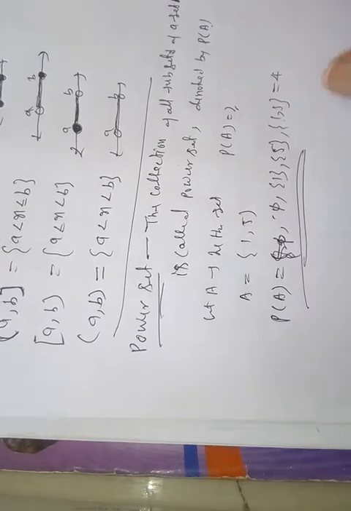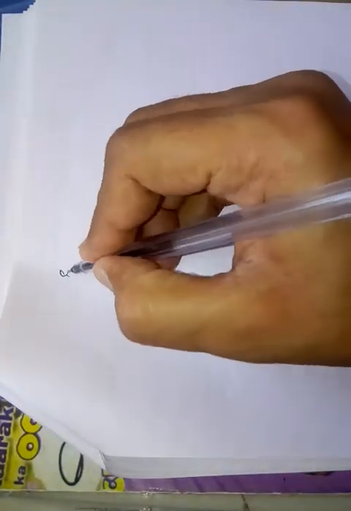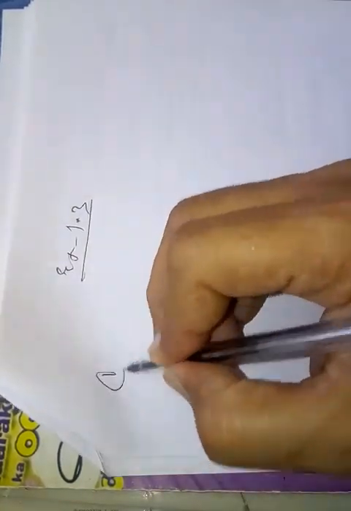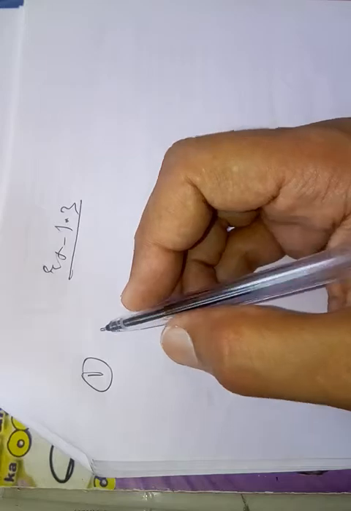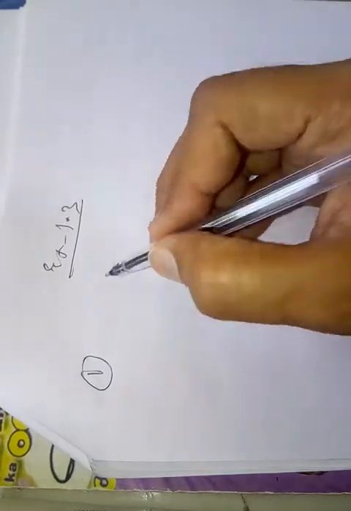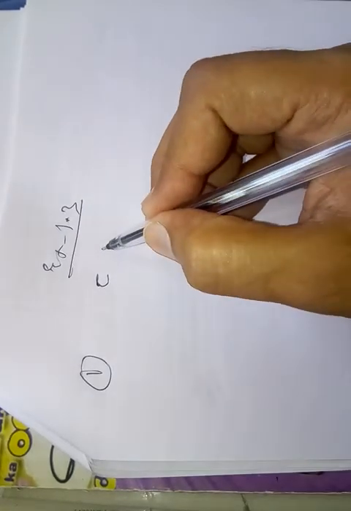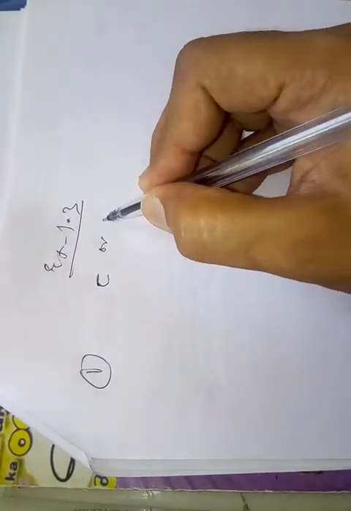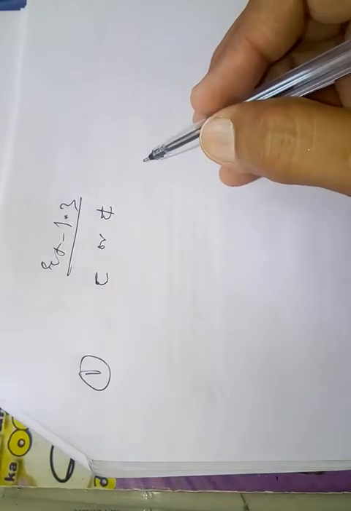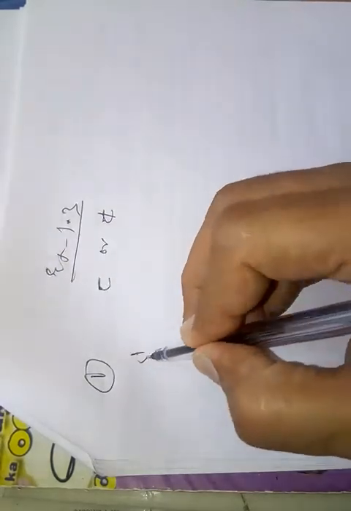This type of solution. So now let us do exercise 1.3. Question number 1: Make correct statements by filling in the blank spaces with the symbols subset or not a subset. You can start.